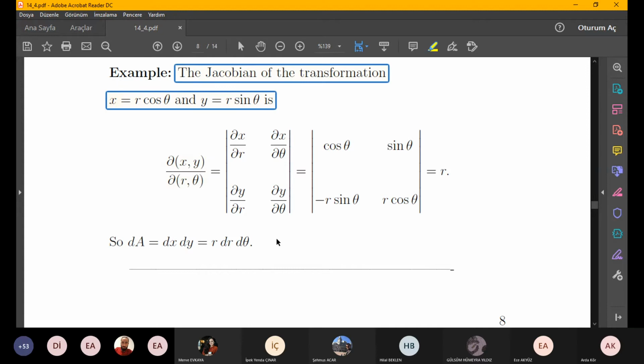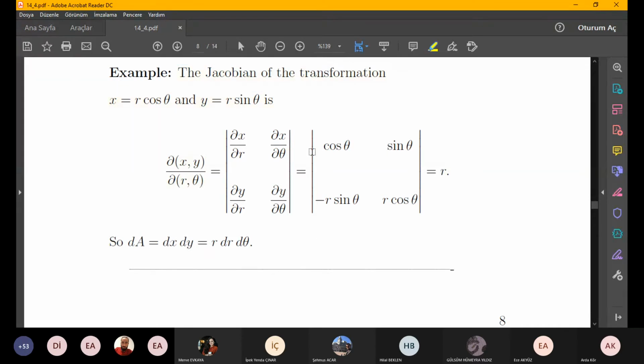This will be equal to the partial of x with respect to r, which is cosine theta, the partial of x with respect to theta, which is minus r times sine theta, and the partial of y with respect to r, which is sine theta, and the partial of y with respect to theta, which is r times cosine theta.